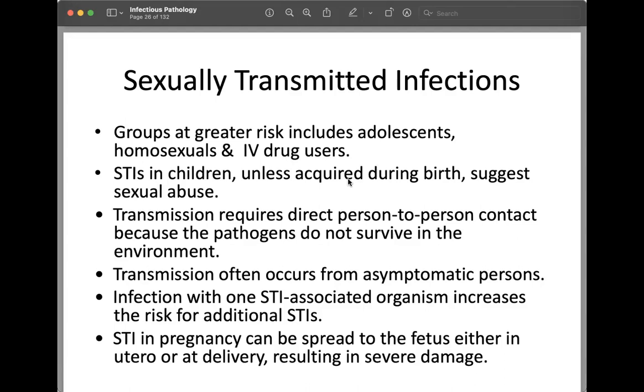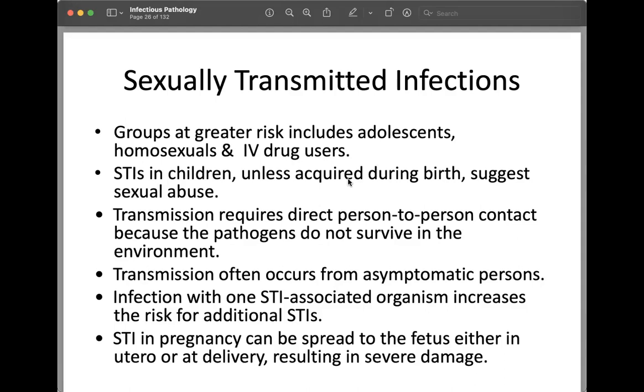Most of the organisms that cause sexually transmitted infections are very fastidious. They usually die right away upon exposure to the environment, so they require direct person-to-person contact. Infection with one STI-associated organism increases the risk for additional STIs.